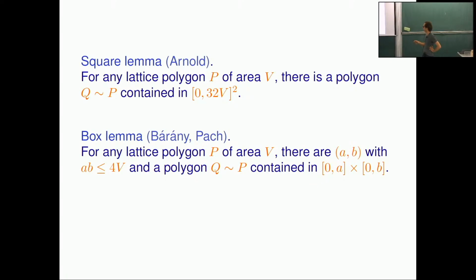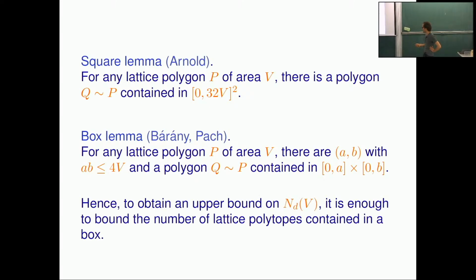We have to consider basically 4V different boxes depending on what A and B are. Hence, to obtain an upper bound, this should be a 2 here, not a d. To obtain an upper bound on the number of equivalence classes of lattice polygons, it's enough to bound the number of lattice polygons inside of a rectangular box.